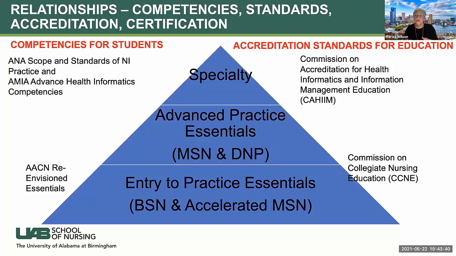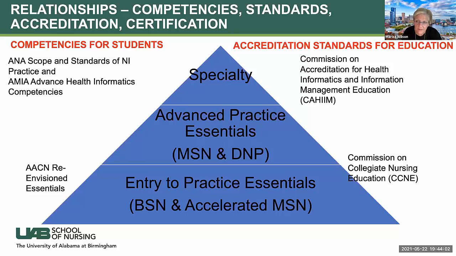Okay, good. All right. First of all, competencies for students on the left-hand side. For us in the US, this is pushed by several things. The bottom level is our entry to practice nurses, our BSN and our accelerated masters.